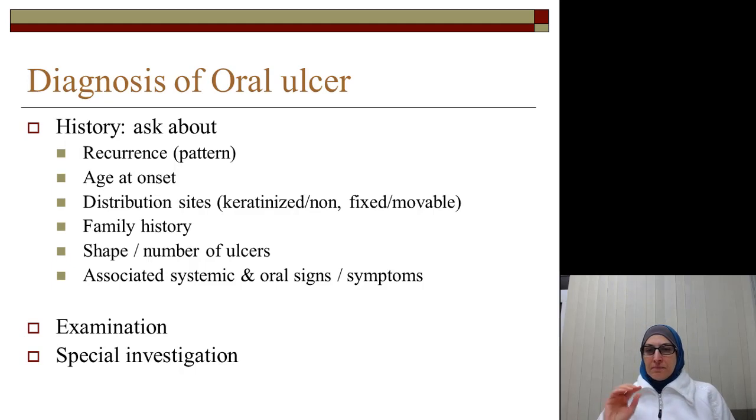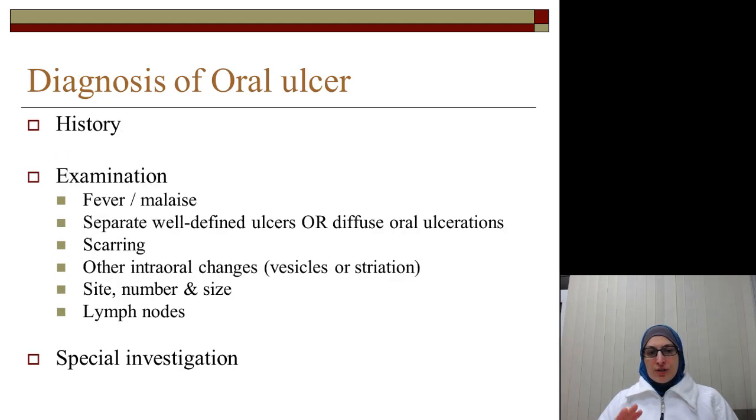So all of these questions are really key to making a diagnosis of an oral ulcer. These are the things that you must ask your patient to get to the right diagnosis. This is the first part, which is the history.